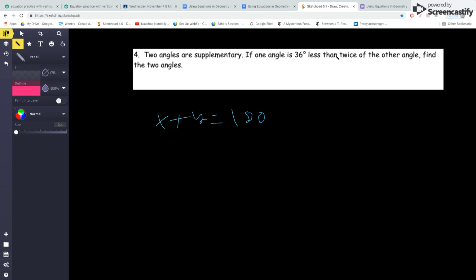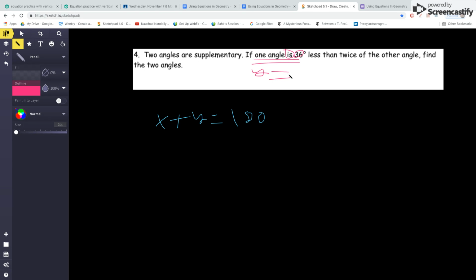So it says if one angle is 36 degrees less than twice the other angle.